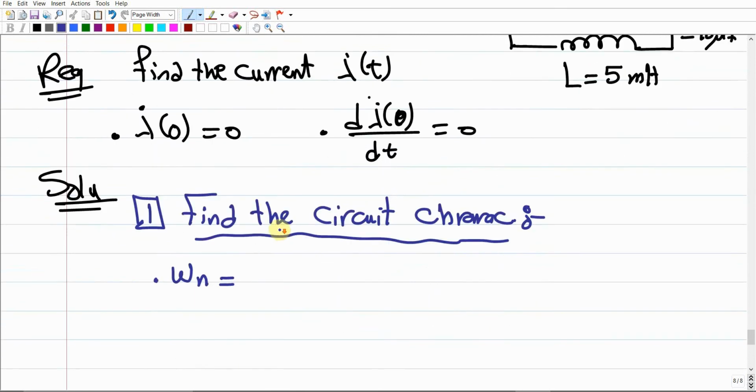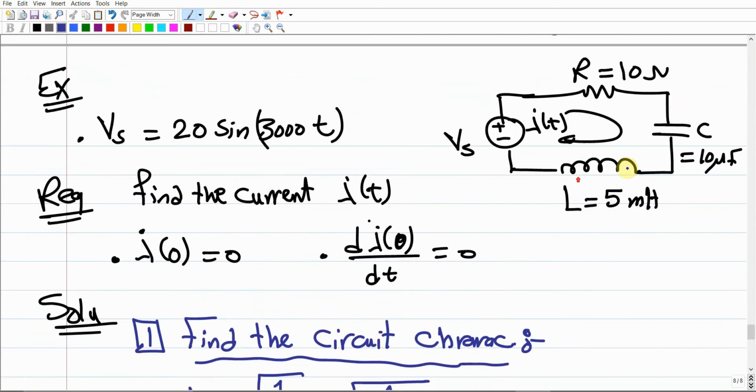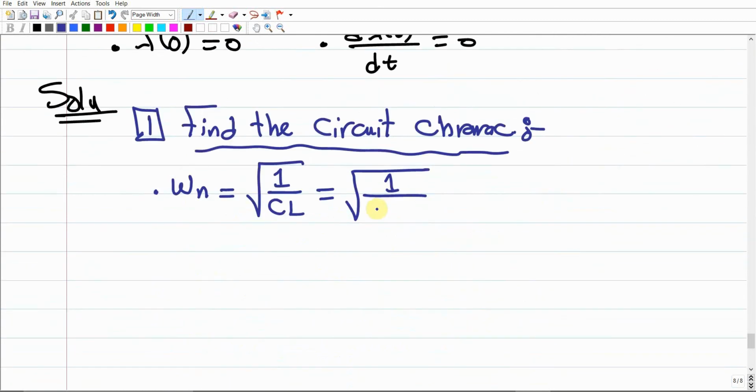f of t. So omega n, as we defined it up there, should be the square root of 1 over CL, right? Equal to the square root of 1 over, how much is C? C is given to us for this electrical circuit. Yes, C is given as 10 microfarad, so it should be 10 times 10 to the negative 6.